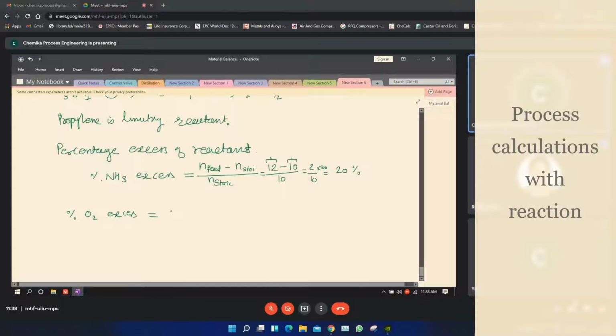So how much is there in the feed? It is 78 into 0.21, which is 16.38. You are getting the same answer. Minus how much is stoichiometrically required? 3 by 2. You can calculate from the reaction.